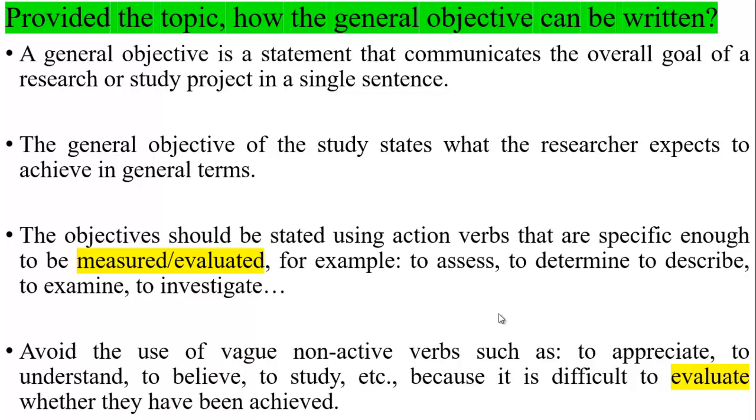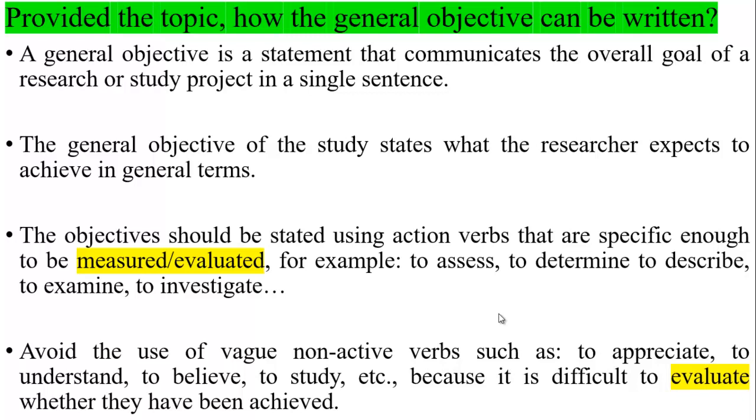When we state either the general objective or specific objectives, we should use action verbs. An action verb denotes that at the end of the study, the results can be measured, counted, or evaluated. Therefore, the verbs that we use to express the objectives should be action verbs.